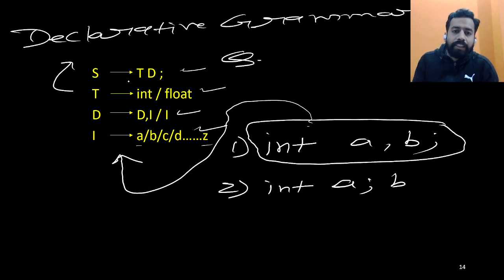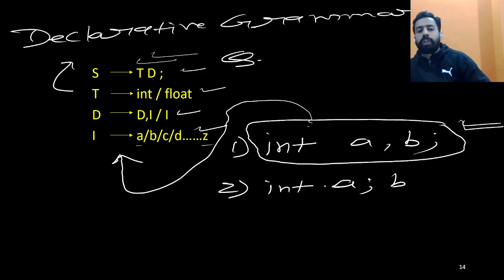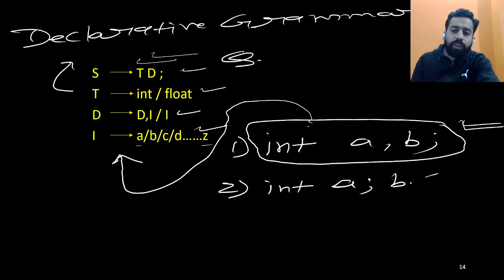If this sentence can be generated from this grammar successfully, then your compiler says that this sentence is correct and there is no error in it. But if your compiler fails to generate this sentence, then it will say that this sentence is not part of my grammar, so this is not a valid sentence, hence it gives you error. So let us proceed to see how this grammar can generate this string.